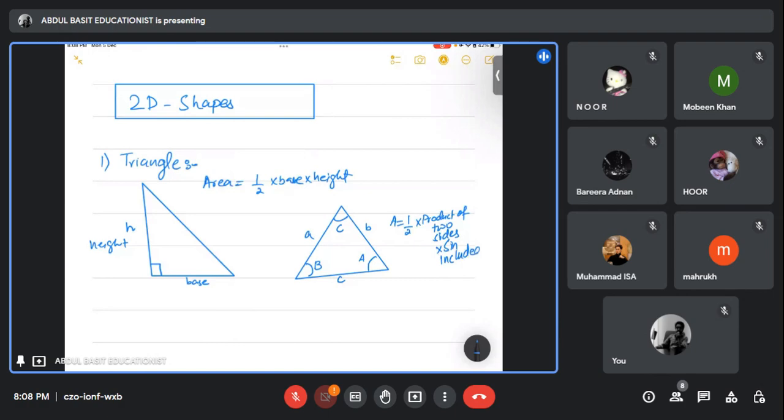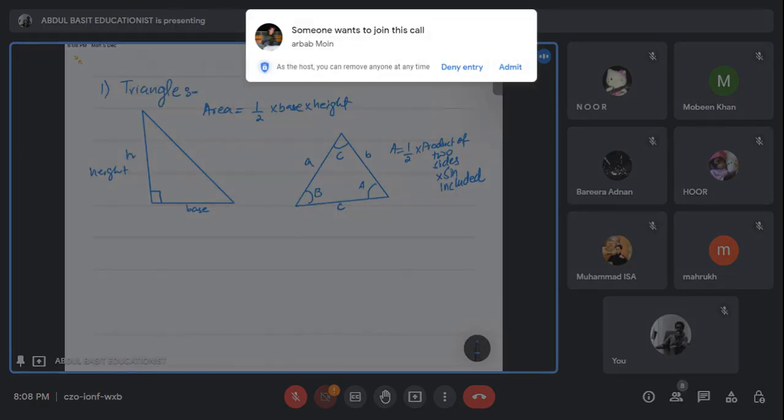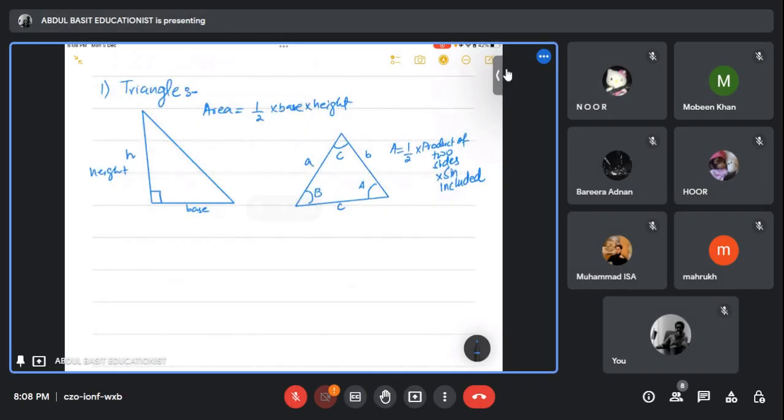That's the formula for the area of the triangle.